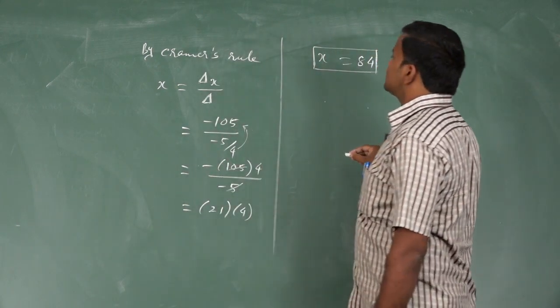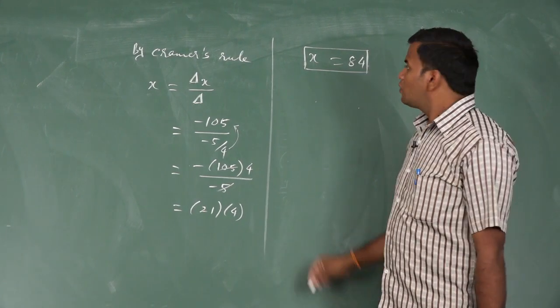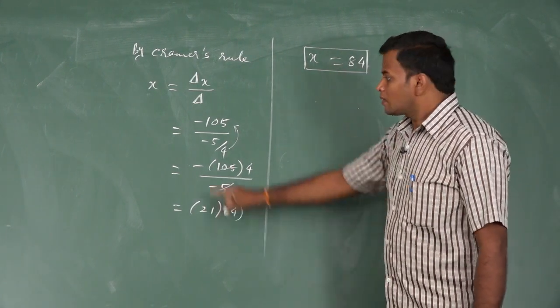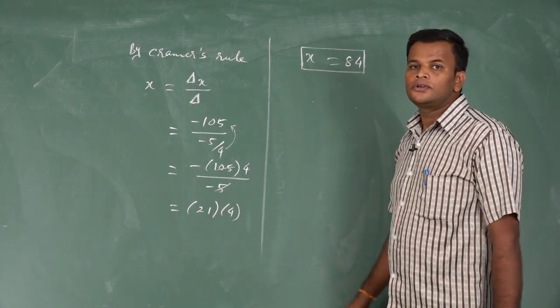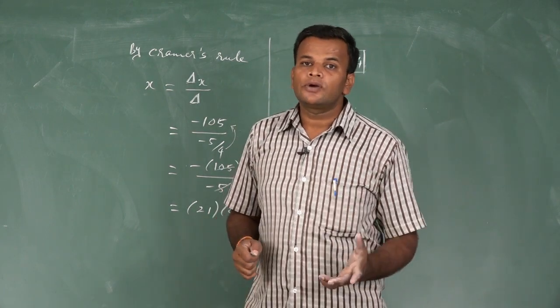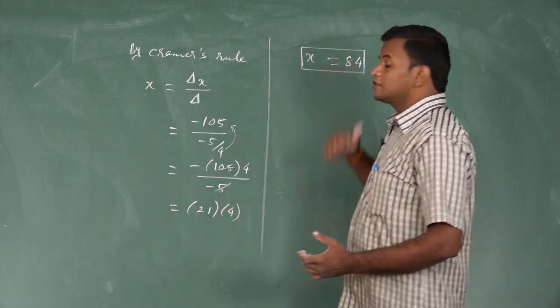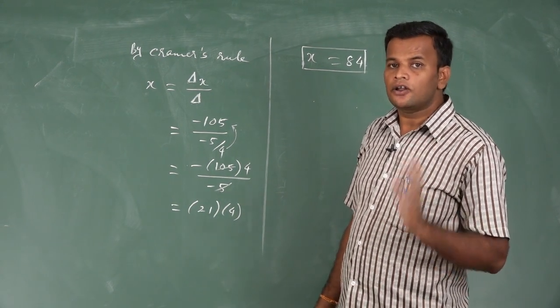But our answer is not just x. We must write it in words. The conclusion is important. The value of x is 21 into 4 is 84. So the student has answered 84 questions correctly.